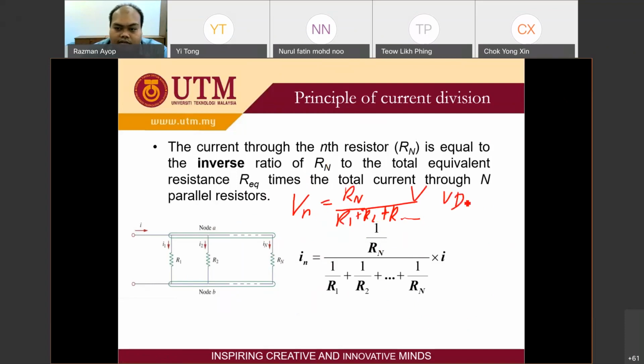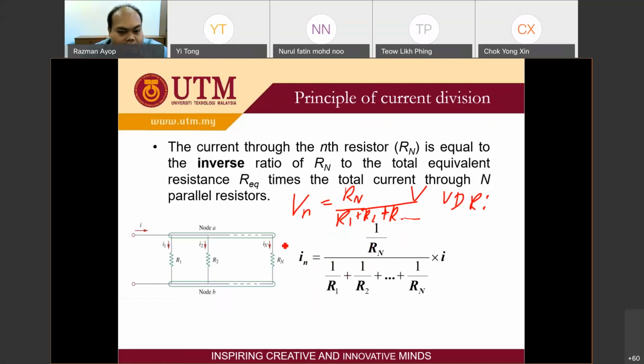But for the current division rule, instead of Rn, you use 1 over Rn, and for this one also 1 over R1. This is the reciprocal. This is the difference between the voltage division rule and the current division rule.